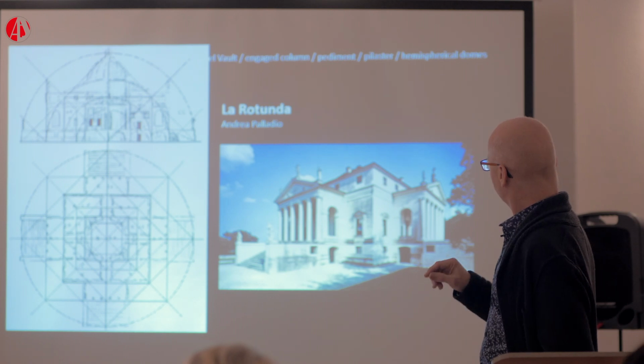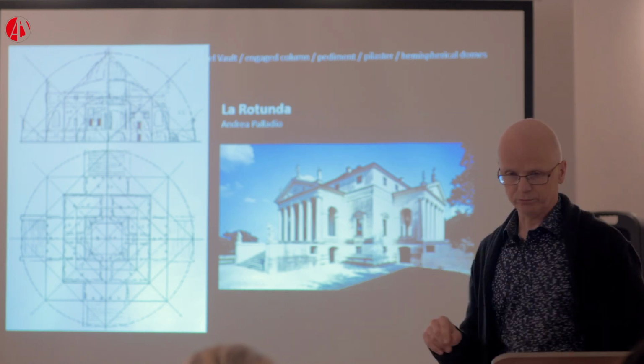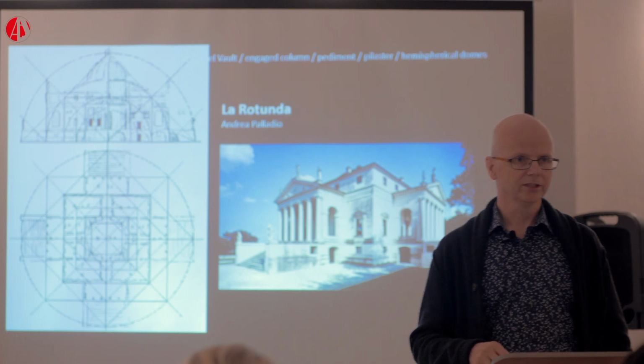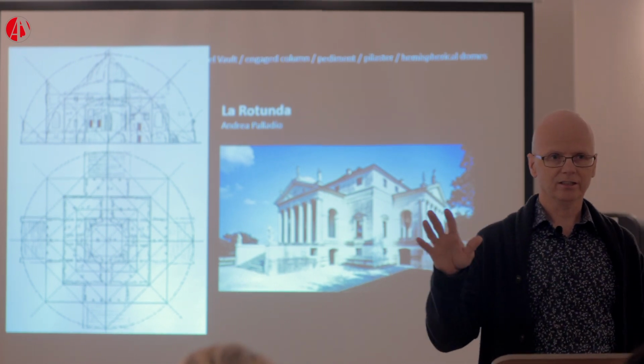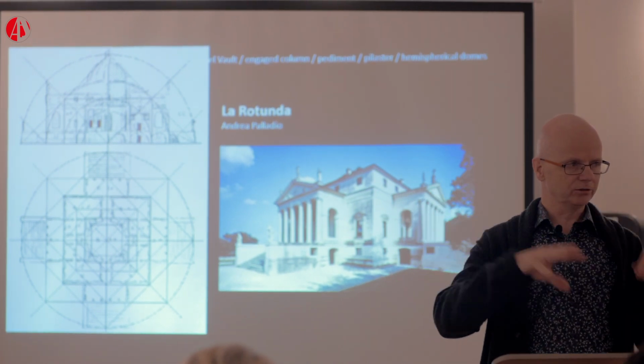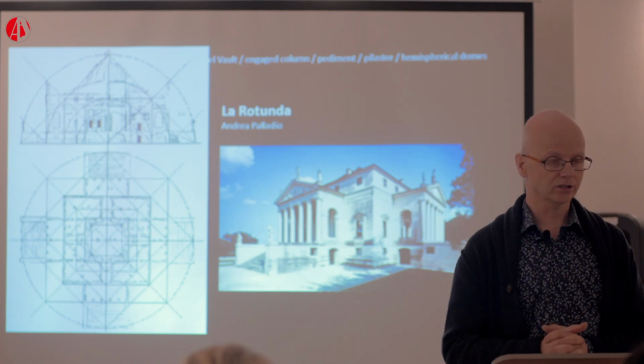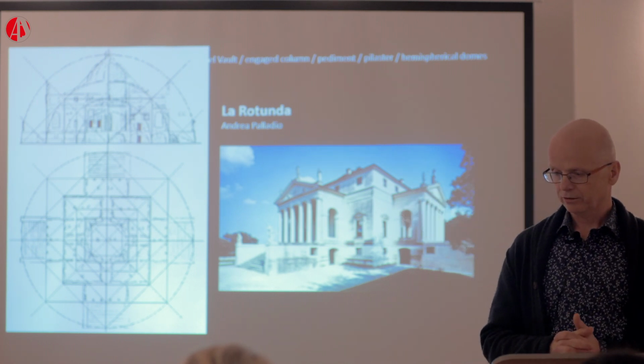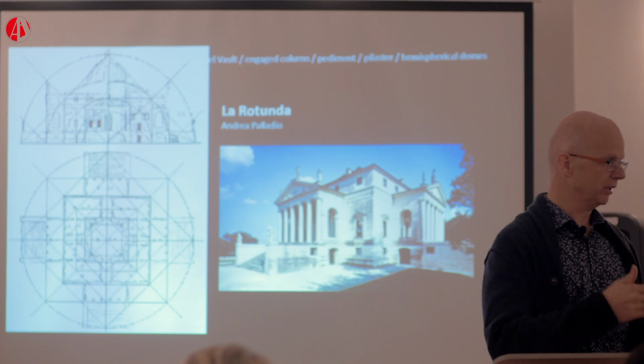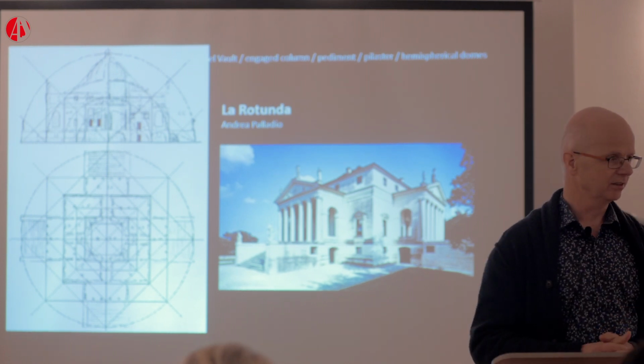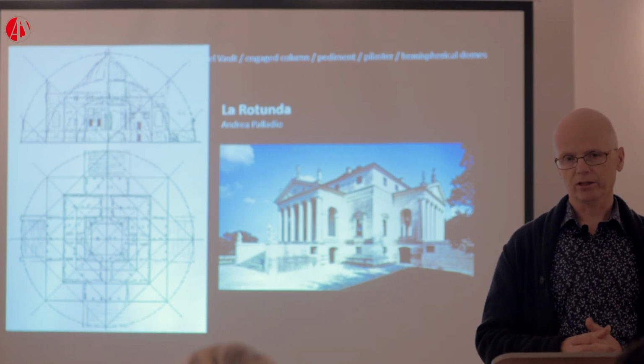Later on, you had Palladio. Anyone heard of Palladio? He lived outside Venice, not in Tuscany, but in that area, and he had such an influence. Even today, all the way into modernism in the 19th century, people copied Palladio.